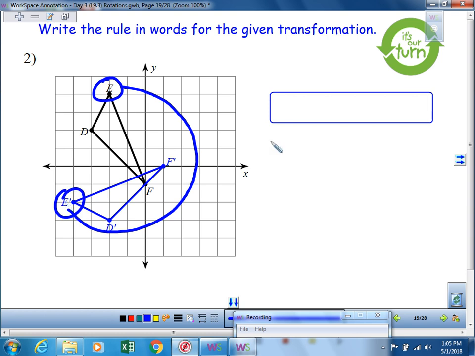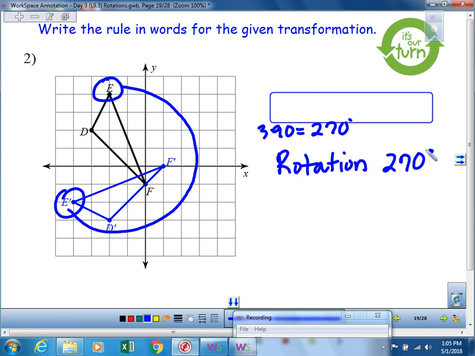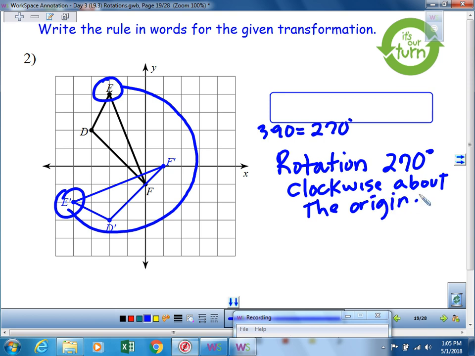And so 3 times 90 is 270 degrees. So you would say rotation 270 degrees. Which direction do we go? Clockwise about the origin. Okay, that's your rule in words.